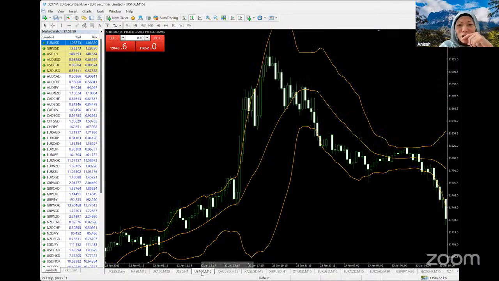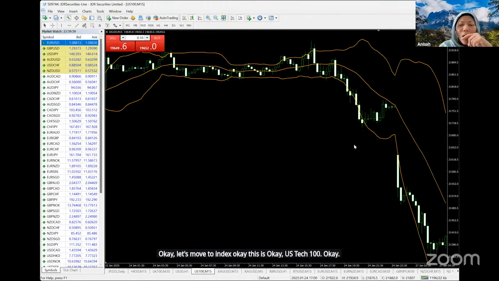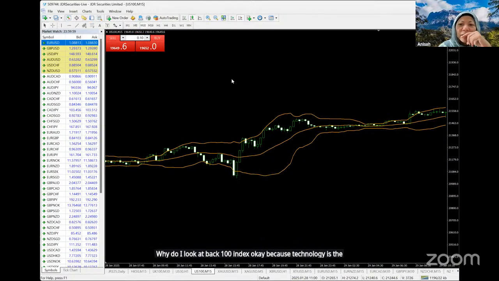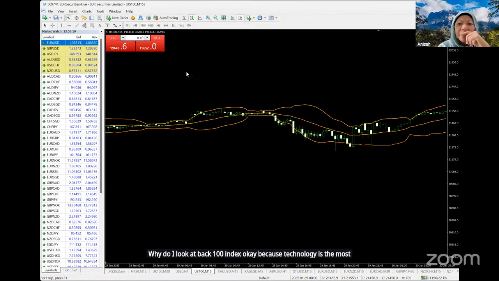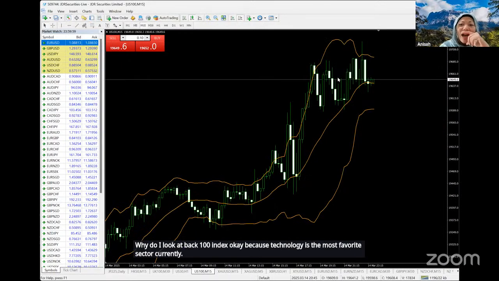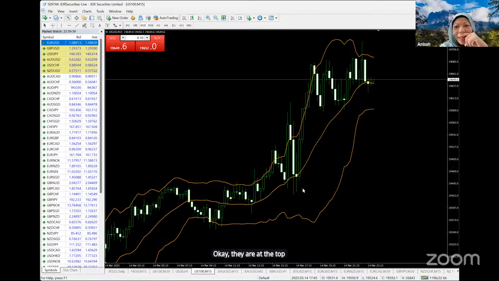Okay, let's move to index. This is US Tech 100. Why do I look at the Tech 100 index? Because technology is the most favorite sector currently. They are at the top. It has been going up healthily, 45 degrees up, then went steeper a little bit.